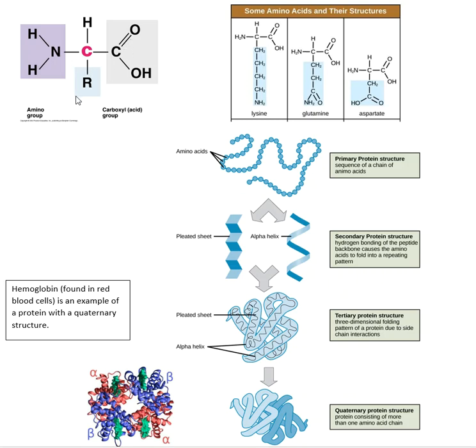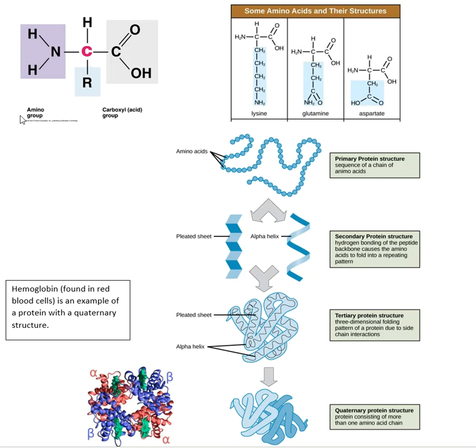Now, there isn't an element with the symbol R. R stands for the variable group or the variable region. And this is the area of an amino acid that varies between the 20 naturally occurring amino acids. And in the table presented here, you can see that we have the NH2 group.